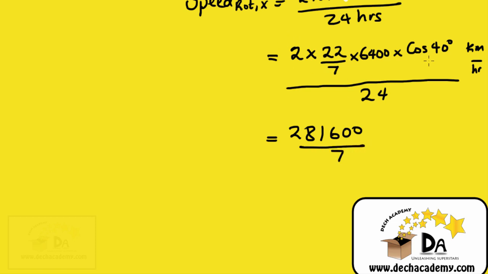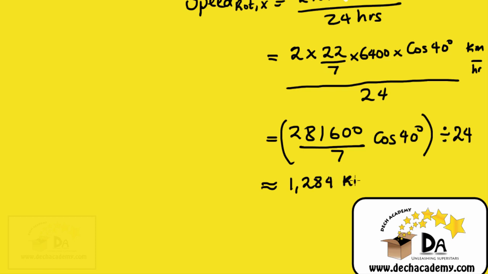It's all of this times the cosine of 40 degrees, which you can determine using a calculator, all divided by 24, which simplifies to give approximately 1,284 kilometers per hour as the rotational speed of point X due to the rotation of the Earth.